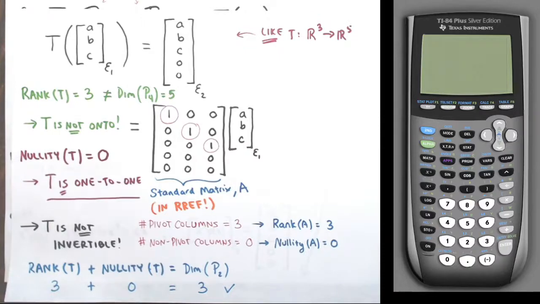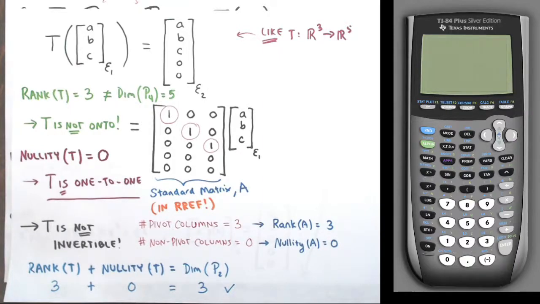Wonderful. So hopefully finding the rank and nullity aren't going to be such a chore. You simply have to find the standard matrix associated with the given linear transformation. Then through either row operations or use of a calculator, put that matrix into an echelon form, whether it be row echelon form or reduced row echelon form is fine. Count the number of pivot columns in that echelon form, count the number of non-pivot columns, and you'll have your rank and nullity of the transformation respectively.